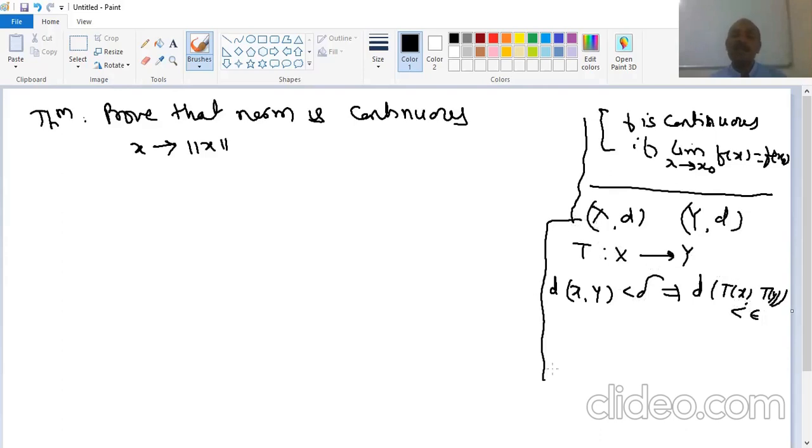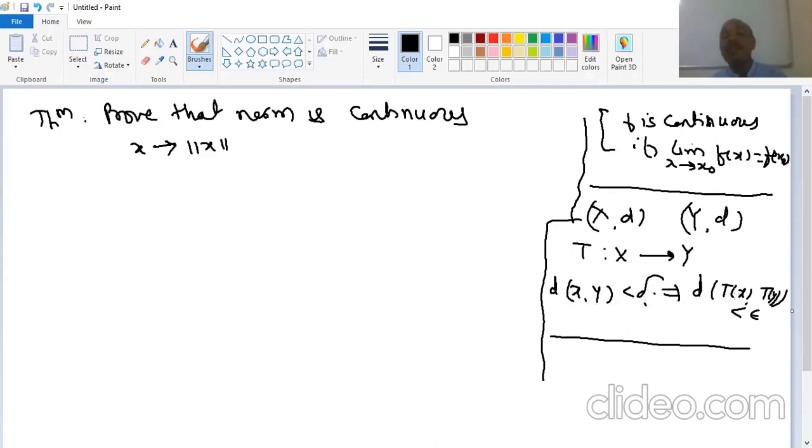On the same line, here in this case, instead of T we will write norm, and we cannot write it like this. So that means to prove that norm is continuous, when xn converges to x, the meaning is: d of x, y less than delta means the distance between x and y is less than delta, that is, very small.